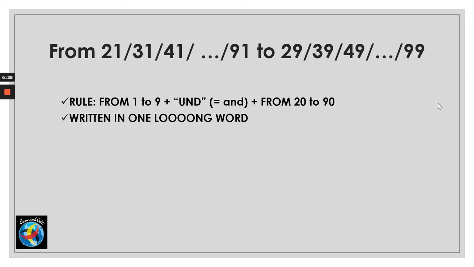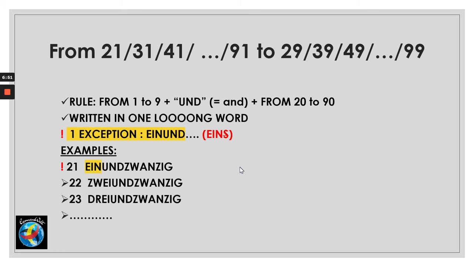But for now it's enough until 100. There is one exception, this time only one. You have the number, for example, 21, 31, 41, and so on. You start with ein, not with eins, and then you add und, and then for 20, for 30, and so on. Let's take a look at some examples.